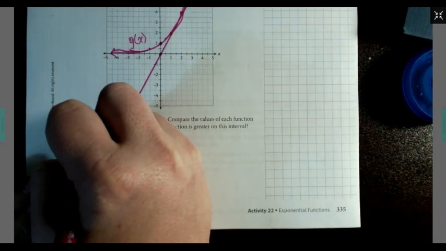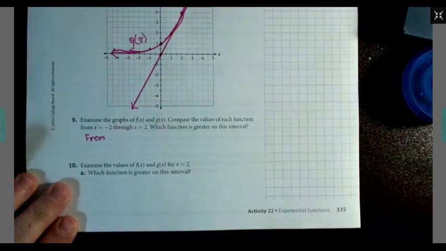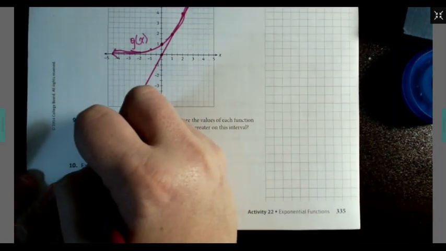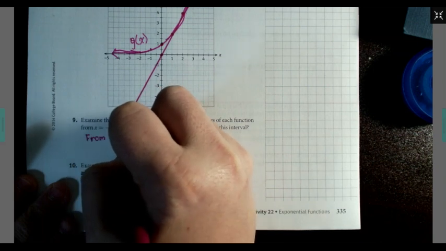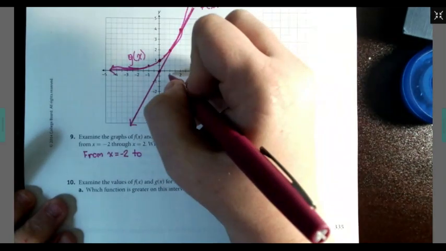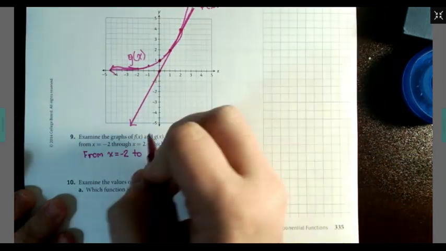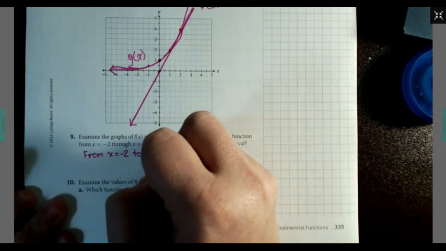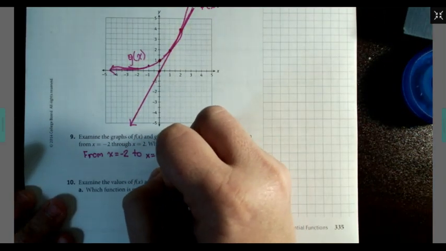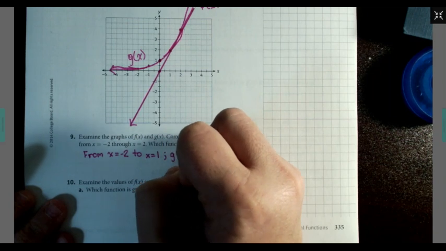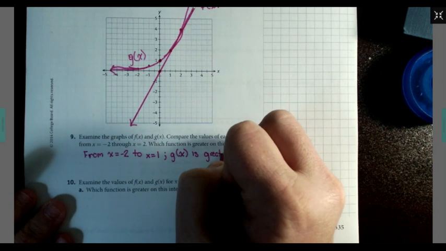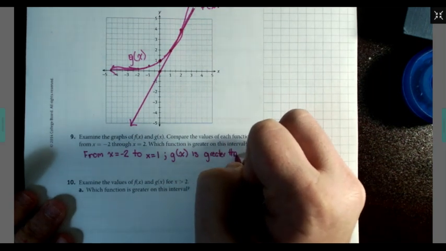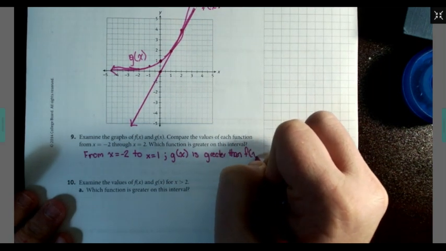From x equals -2 to x equals 1, g of x is greater than f of x.